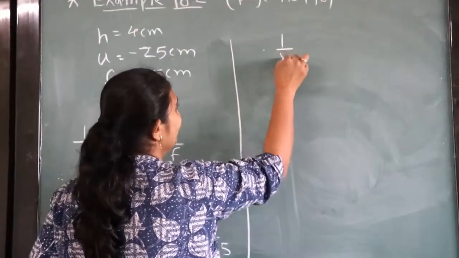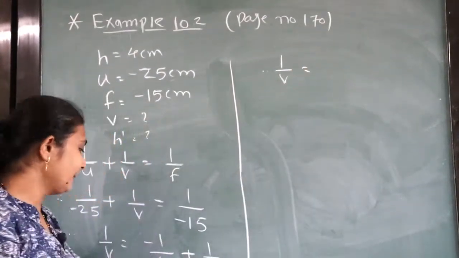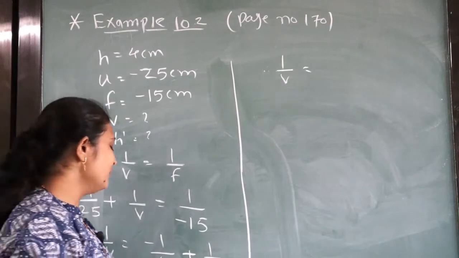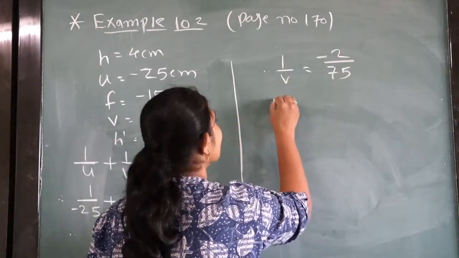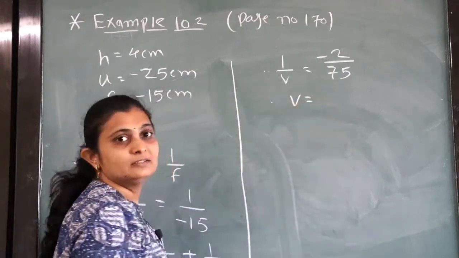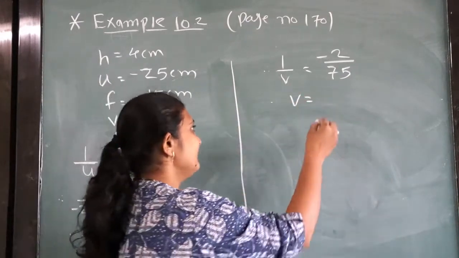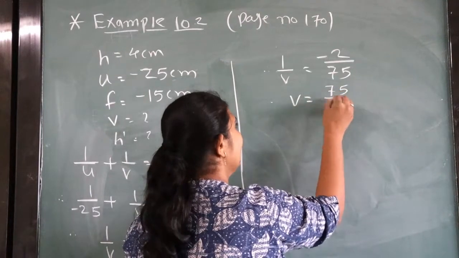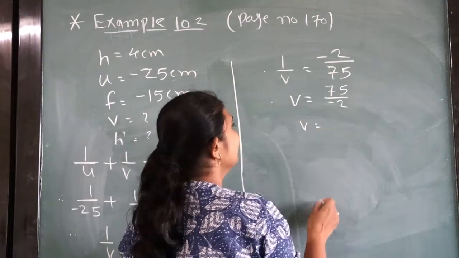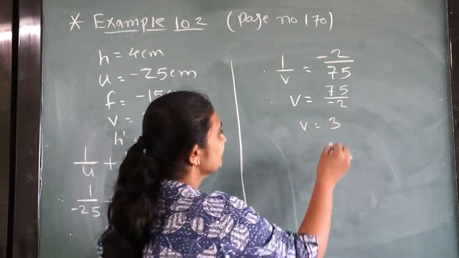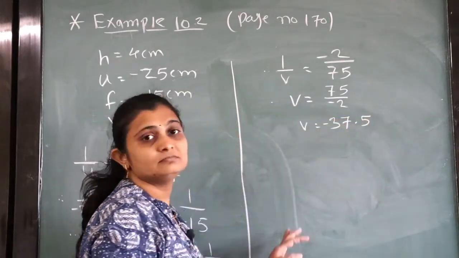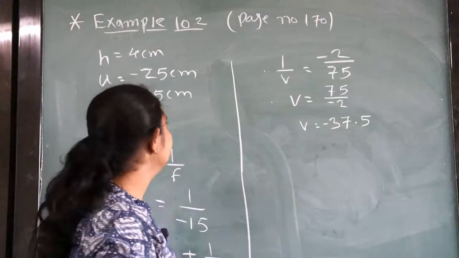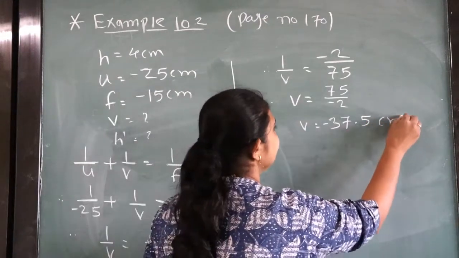Therefore 1 upon v is equal to minus 5 plus 3, minus 2 upon 75. Taking reciprocal, v is equal to 75 by minus 2. v is equal to minus 37.5 centimeter.